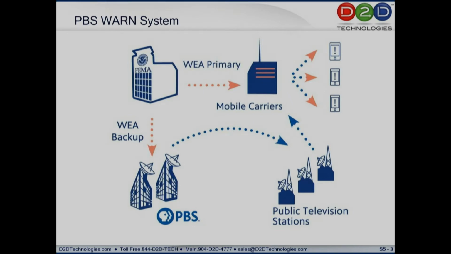But what this also requires is a custom receiver in all these different locations for every mobile carrier, which knows how to receive that alert message and pass it on to the wireless carrier's computer system.